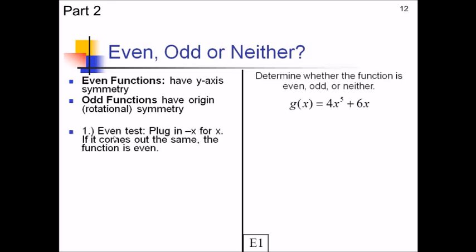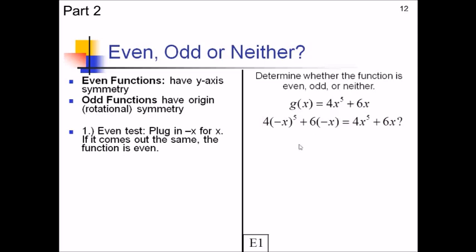To test for evenness, since you're talking about y-axis symmetry, you have to plug in -x wherever you see +x and see if it comes out the same. If it does, the function's even. So here, we're basically asking if I plug -x in for this x and this x, like so, will that, if I simplify it, give me back the original function?